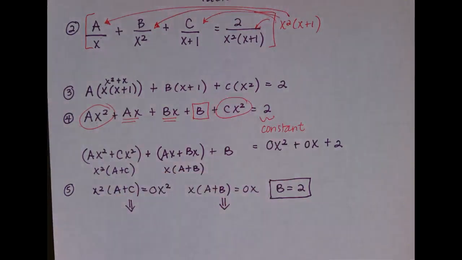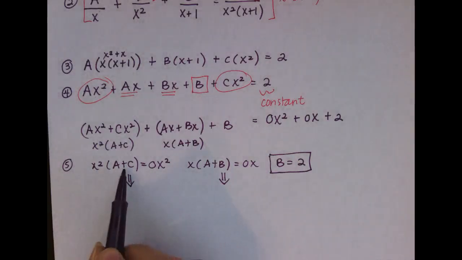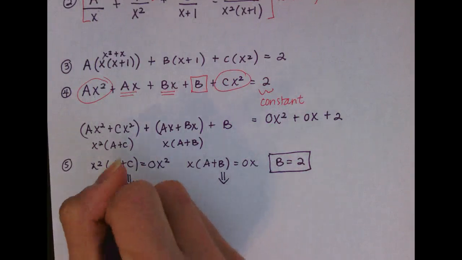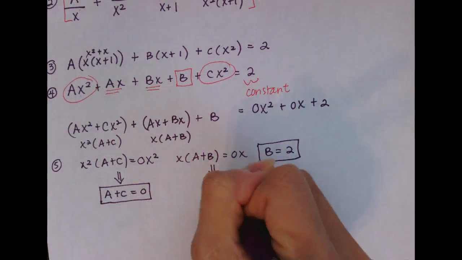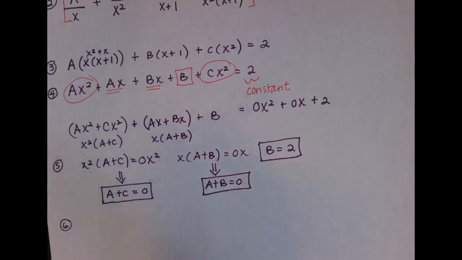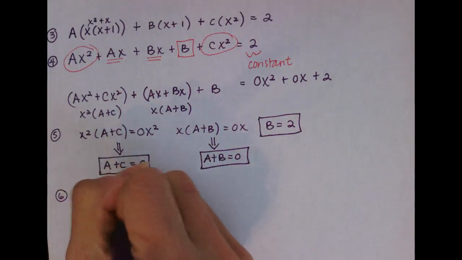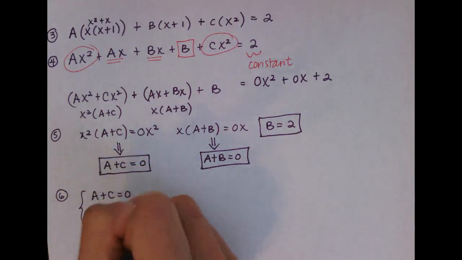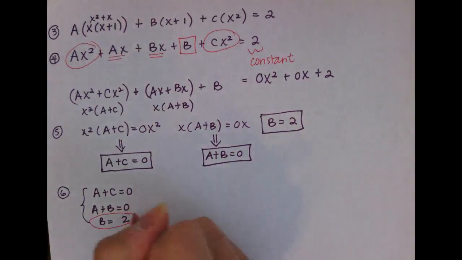Let's go ahead and deduce a couple of things from these equations that we've written. If x squared times a plus c equals 0x squared, then we know that a plus c has to equal 0. Similarly here, a plus b also has to equal 0. So let's take that system, write it out, and solve it. Now I'm going to use some different methods to solve this particular system of equations, especially since I already know that b equals 2.